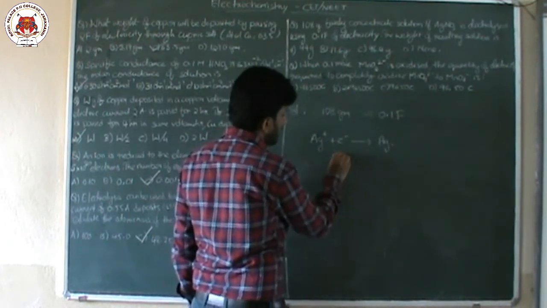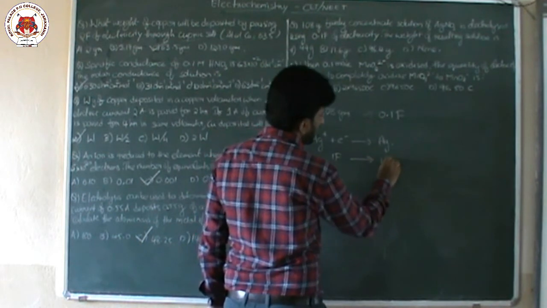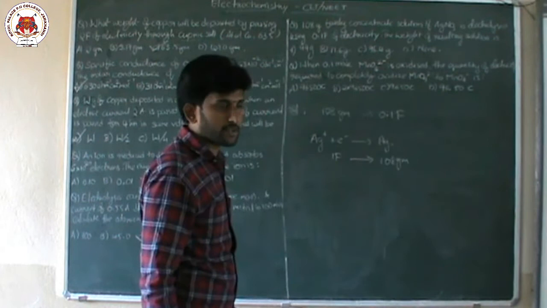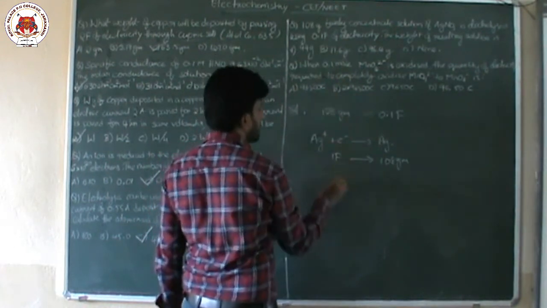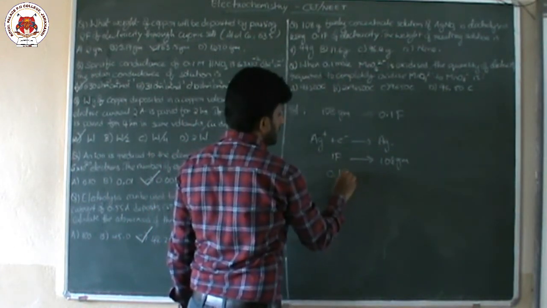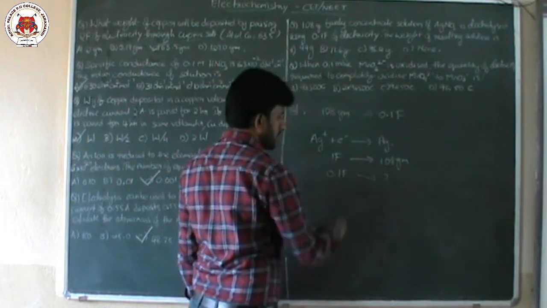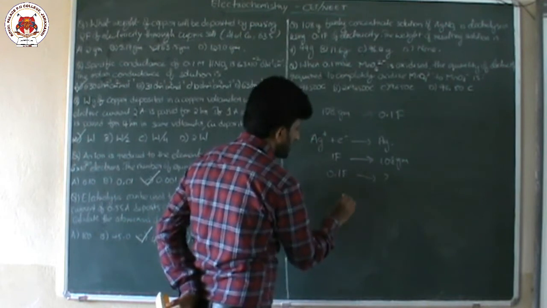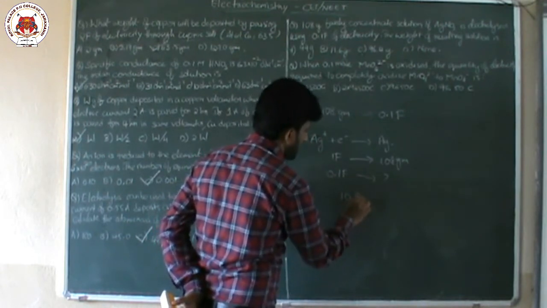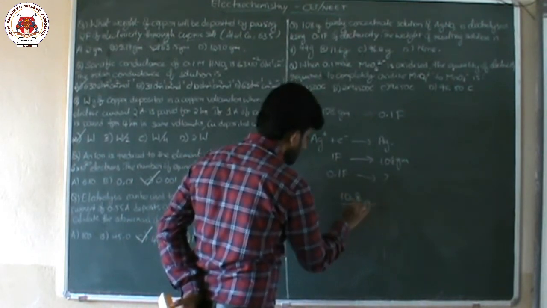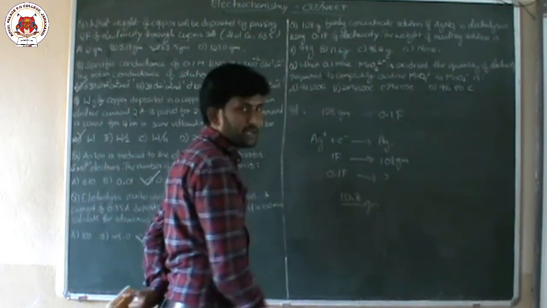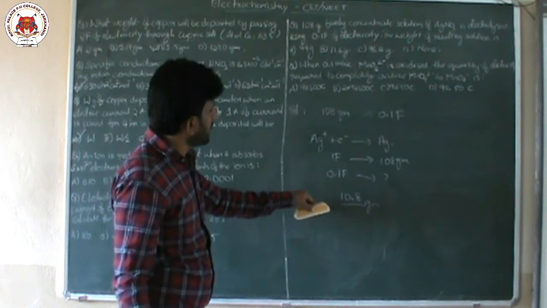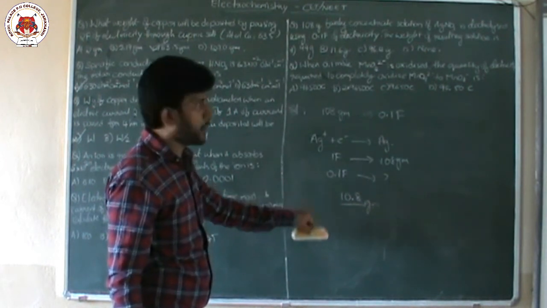That means 1 Faraday can deposit 108 grams of silver. But in the question it is 0.1. 0.1 Faraday can deposit how much? Cross multiply. That means 10.8 grams of the metal is deposited.